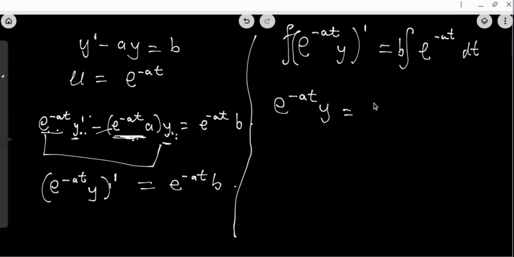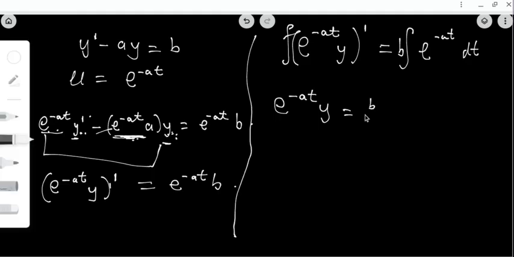So we have this b over, when you integrate this one, it's going to be negative b over a, then we have e^(-at). After the integration, you add your arbitrary constant of integration.